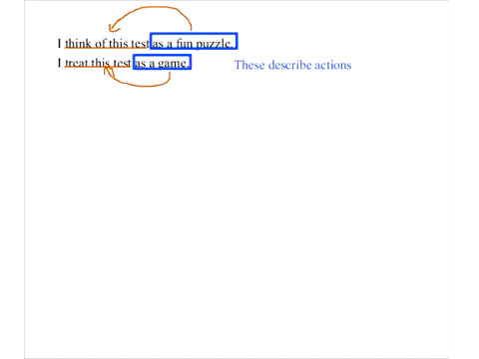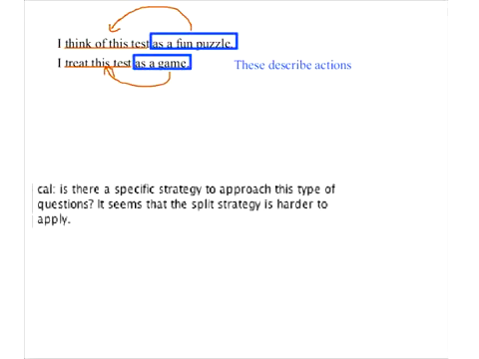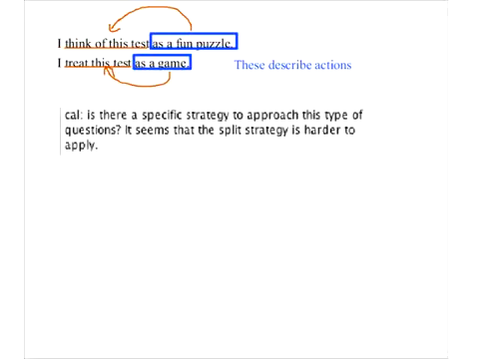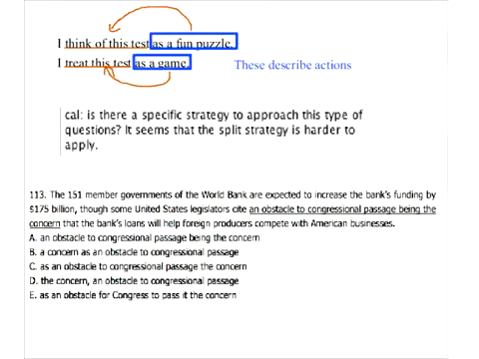Okay. Let's address this question. It's in the box here real quick. Let's make this the last one before we move on. So, I mean, this question here, is there a specific strategy to approach this type of question? It depends on what your understanding is of when you say the split strategy.